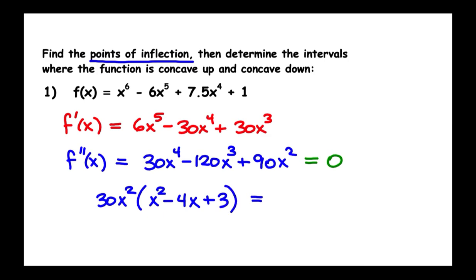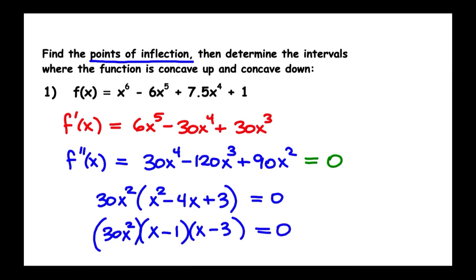Okay, still equal to 0. That also factors into x minus 1, x minus 3. And just so the 30x squared doesn't feel left out, I'll give it its own parentheses.